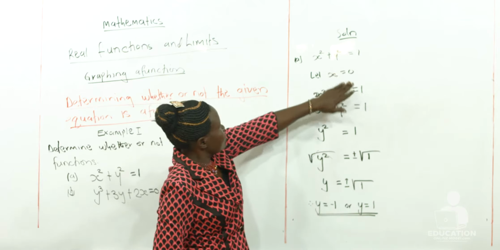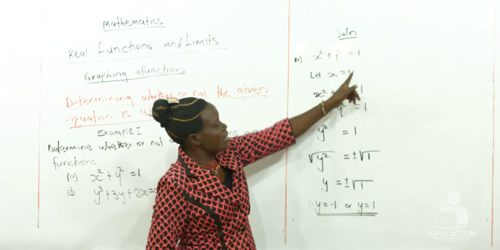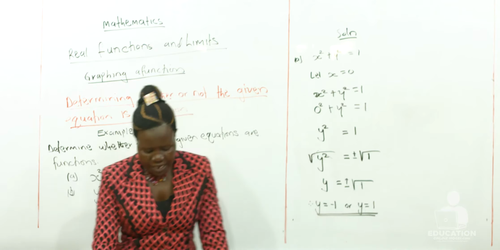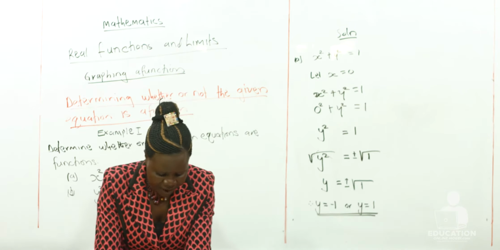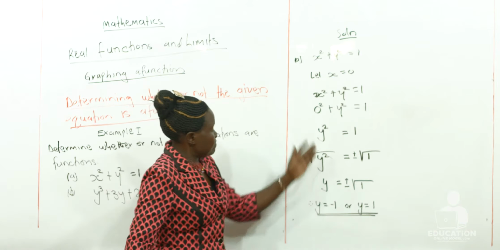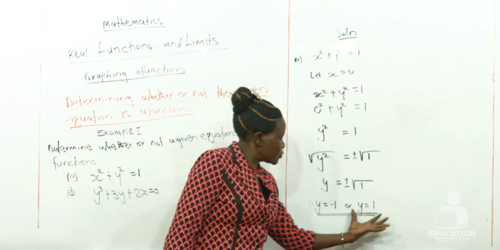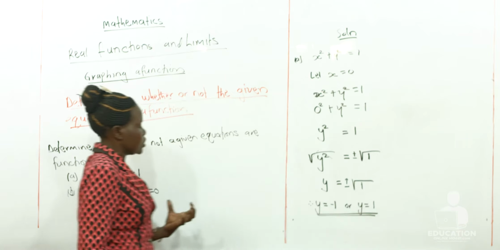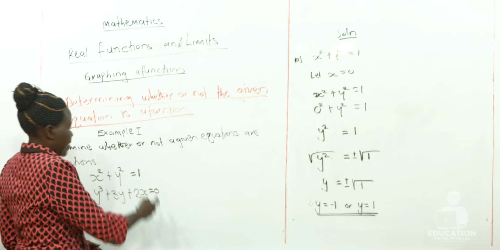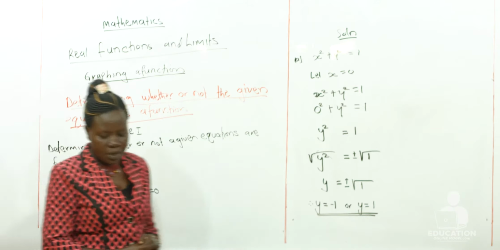In our introduction of functions, we said x being 0 means it is undefined. Therefore, if it is undefined, then the two outputs will not satisfy the equation A to be a function.